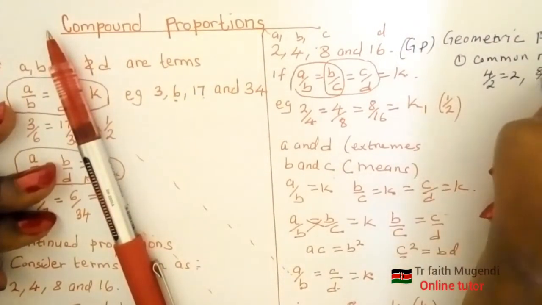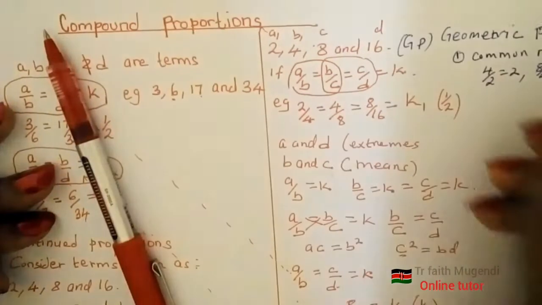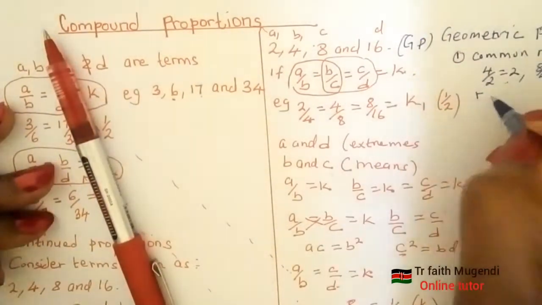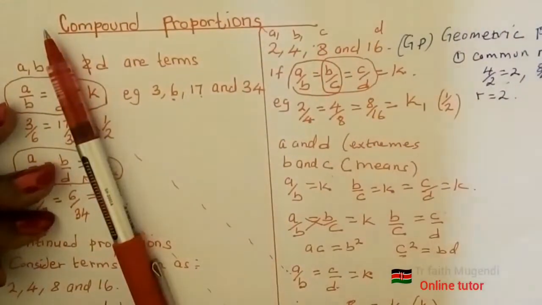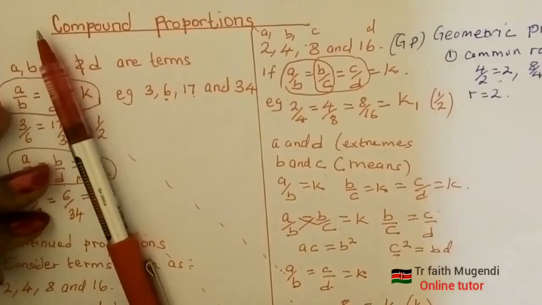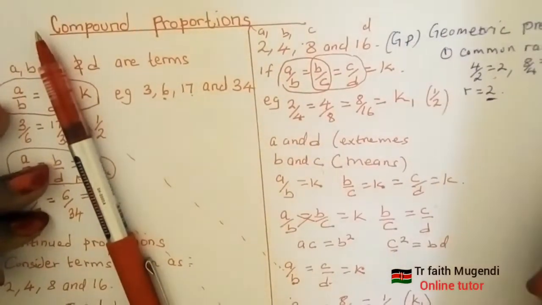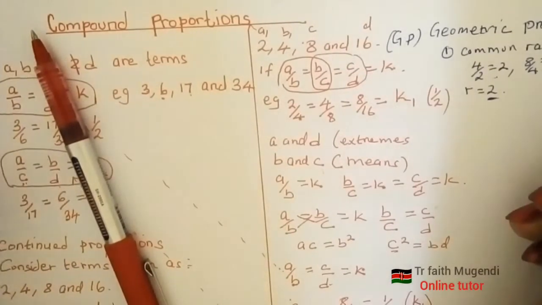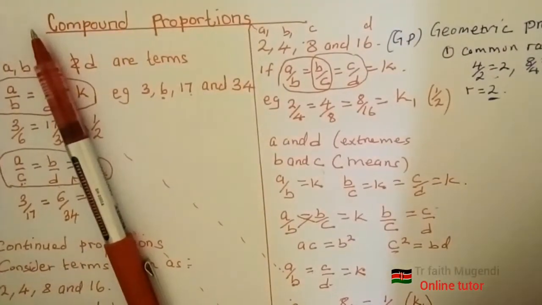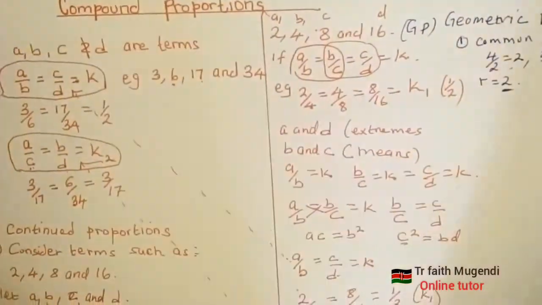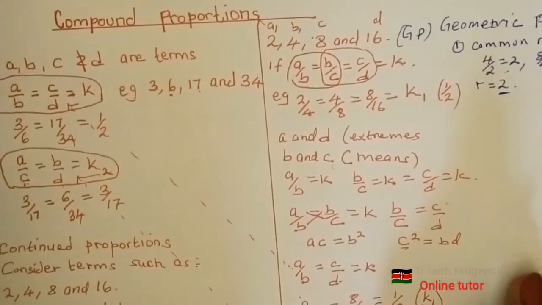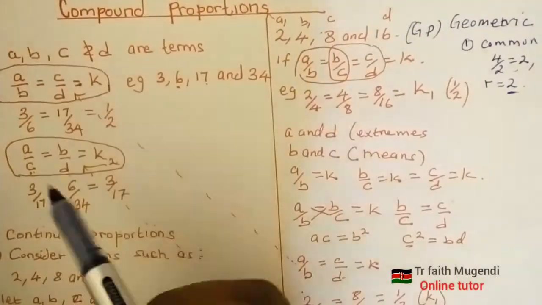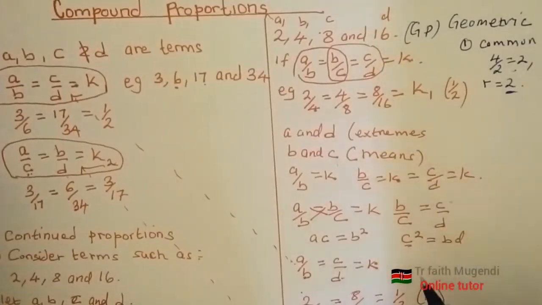When you divide 8 by 4, you get 2. So the common ratio, which we referred to in our previous tutorials as R, is 2. So if terms form a geometric progression or sequence, then that one is definitely a continued proportion. That is the only difference. So the compound proportion is not a geometric progression, but the other one is a geometric progression. So let us look at an example, how we can apply these two concepts in our problems.